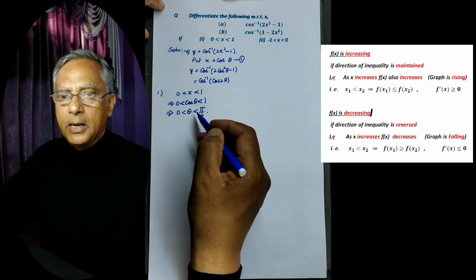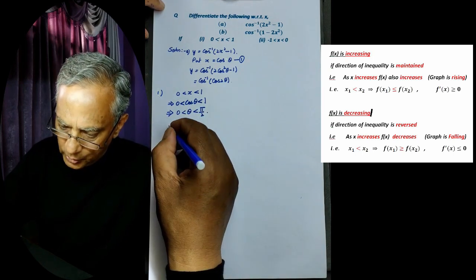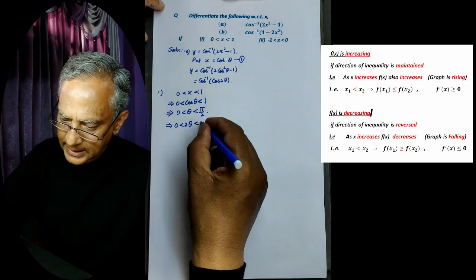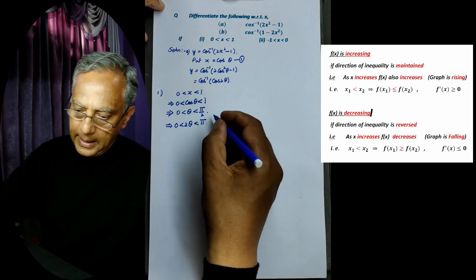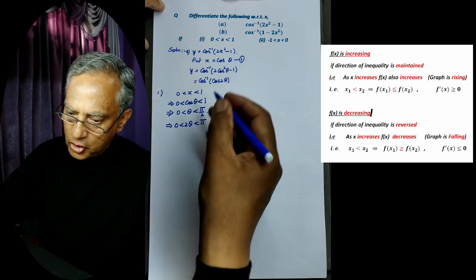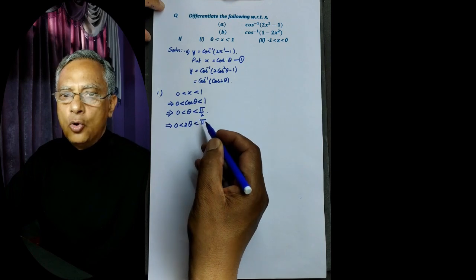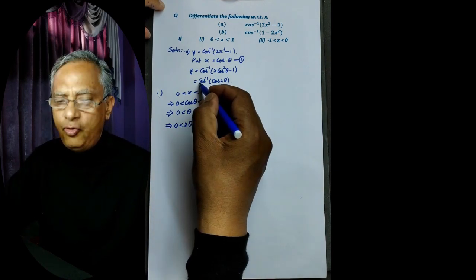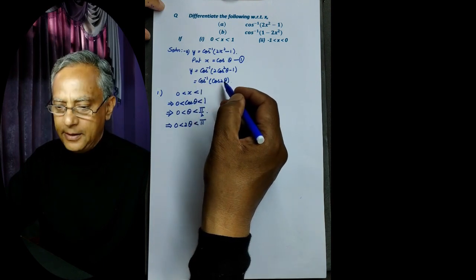So this implies 0 is less than 2 theta is less than pi. And this belongs to the range of cos inverse, which is 0 to pi. So 2 theta lies in the range of cos inverse.